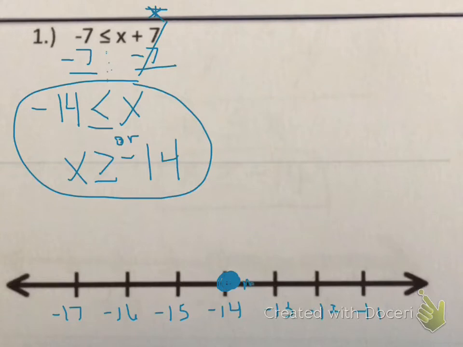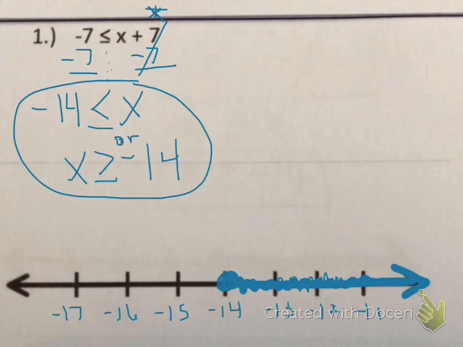It's all of the numbers that are greater than -14, so we are going to go this way with our number line. And there you have x is greater than or equal to -14.